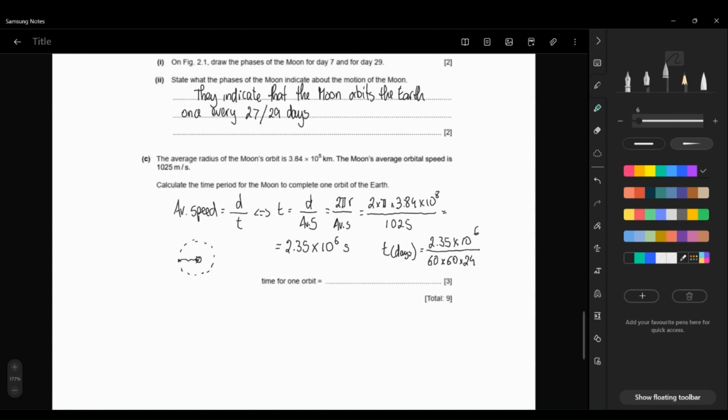Plug these values on a calculator, and you'll have a total of 27.2 days. You have to actually write down here the unit because you don't have any unit here as an option for this answer, so you have to state the unit that you're using. I put here in days, but you could leave it in seconds.